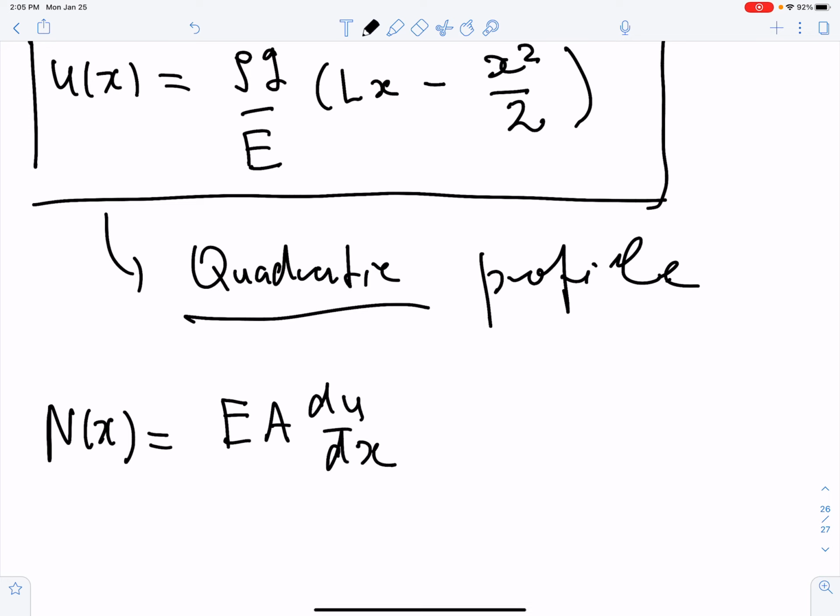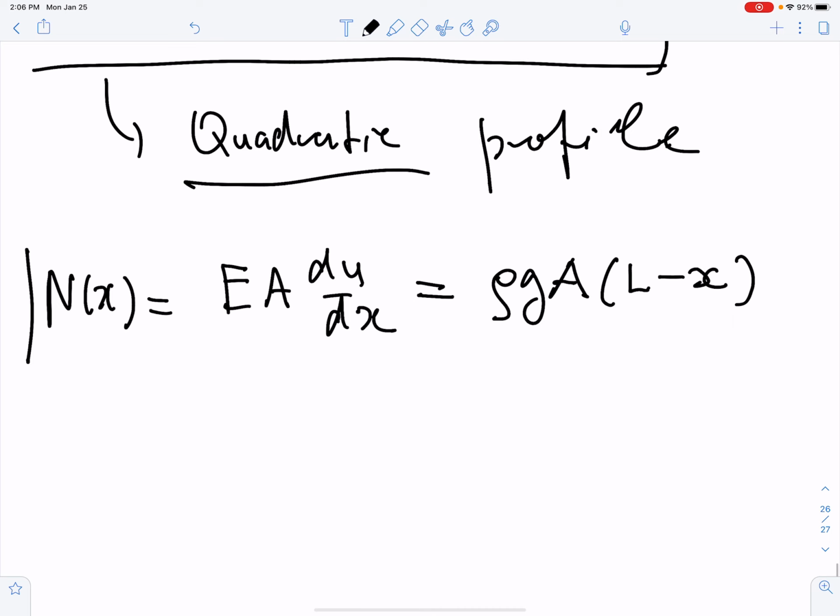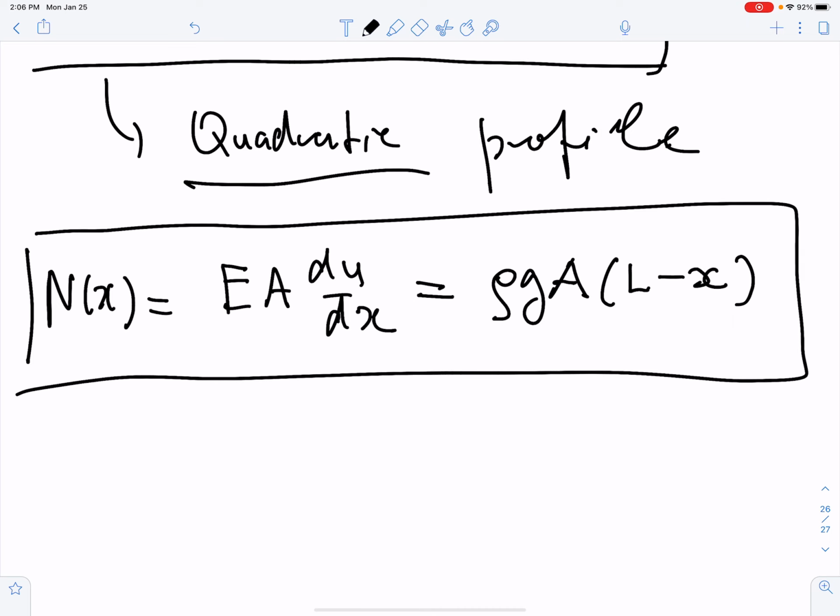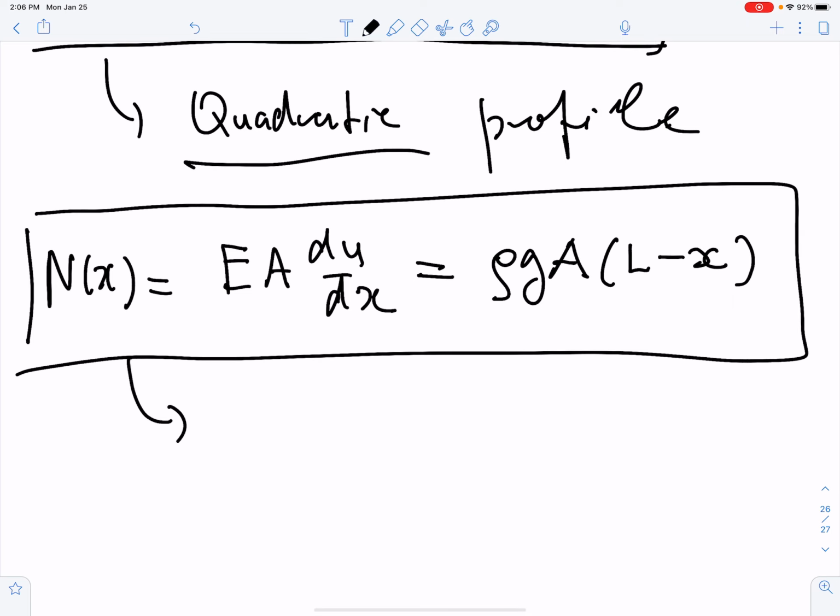Then you take the relationship you just derived and differentiate with respect to x. So you get rho G A (L minus x). And so while the displacement is distributed quadratically, the force undergoes a linear distribution. Linear profile.